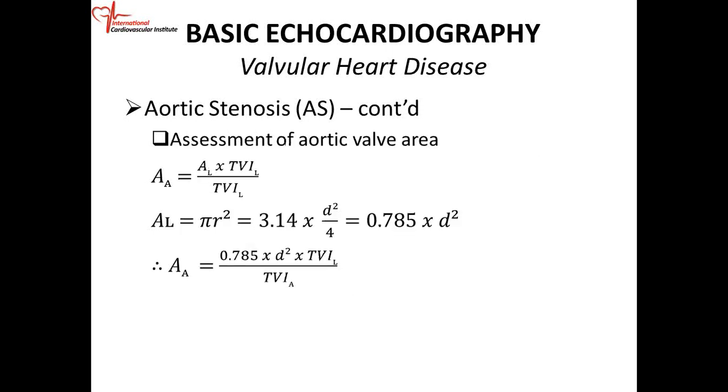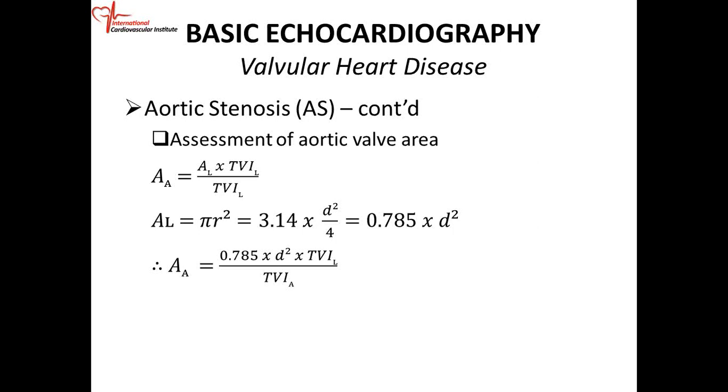And remember, the area of a circle is pi r squared, and the radius is d over 2. When you square it, you get d squared over 4. So when you simplify your equation, the aortic valve area is 0.785 times d squared times the time velocity integral across the left ventricular flow tract divided by the time velocity integral across the aortic valve.